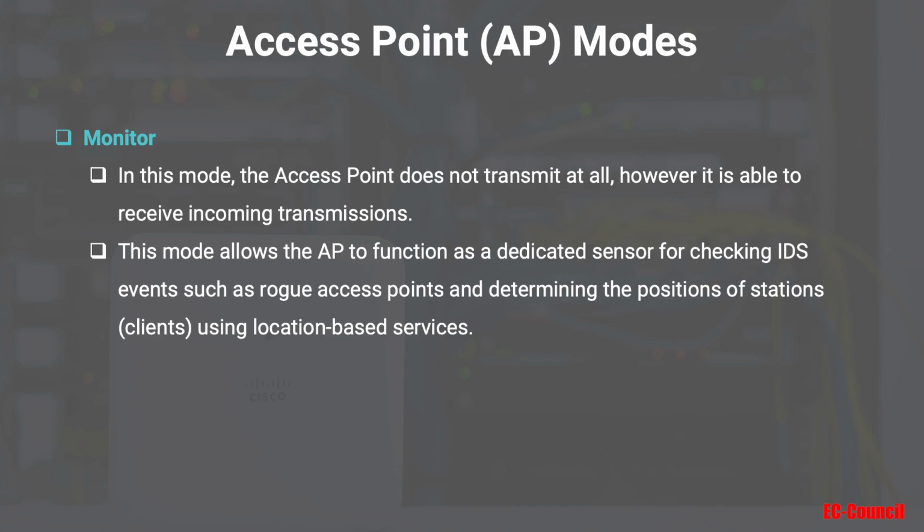However, it is able to receive incoming transmissions. This mode allows the access point to function as a dedicated sensor for checking intrusion detection system events such as rogue access points, and determining the position of clients using location-based services.